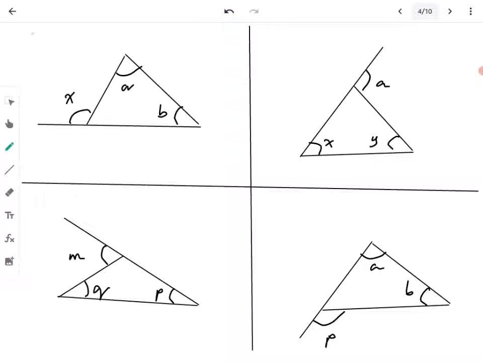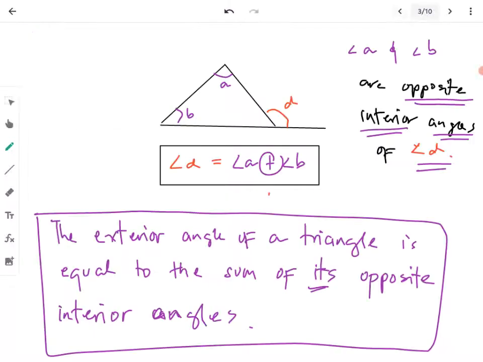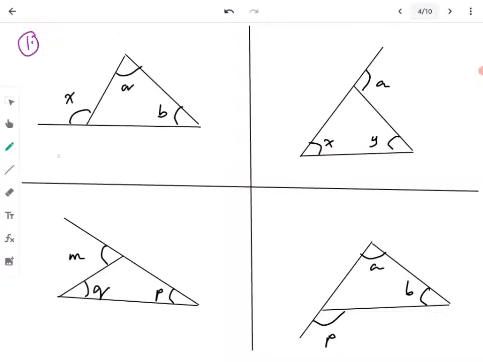As you can see in figure 1 on the left, we have angle X being the exterior angle, with A and B being its opposite interior angles. By using the same idea, we can say that angle X is just the sum of angle A plus angle B.